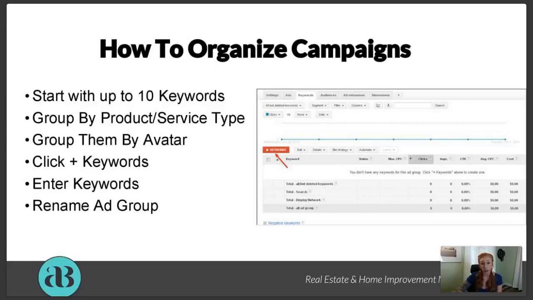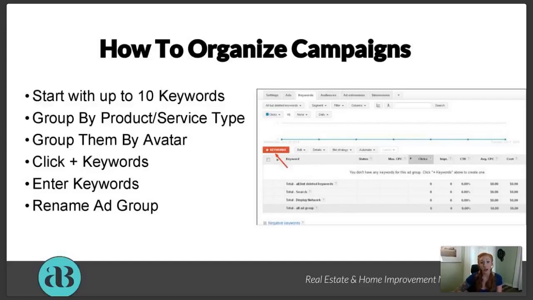So I'd say getting started, maybe start with about 10 keywords per campaign. And you really want to group them by either product or service or by avatar. So as I just mentioned, a first-time home buyer is a different avatar than someone who is upgrading their home to a bigger neighborhood or a bigger size or whatever that may be. Those people are going to respond to different things in your ads, because you have a very limited amount of text to use in an AdWords campaign.